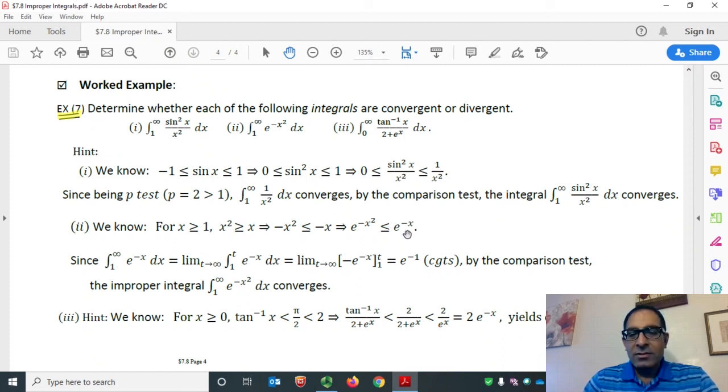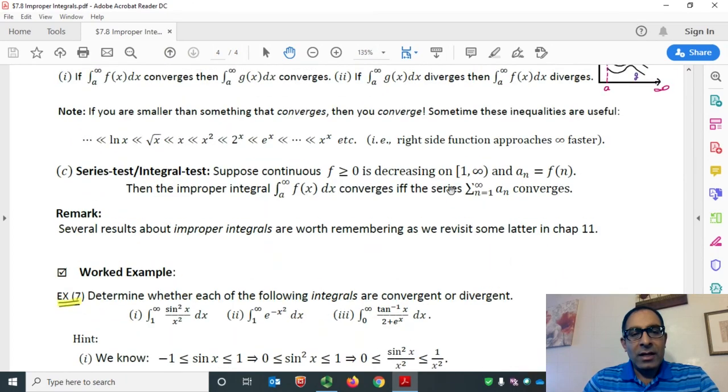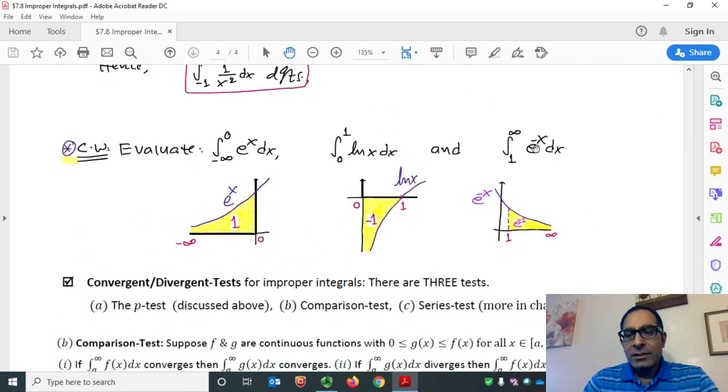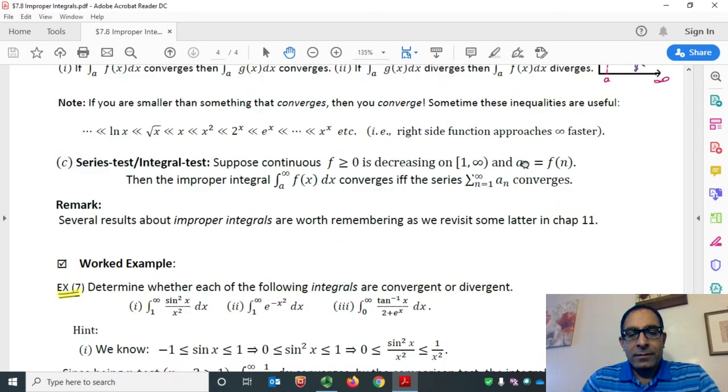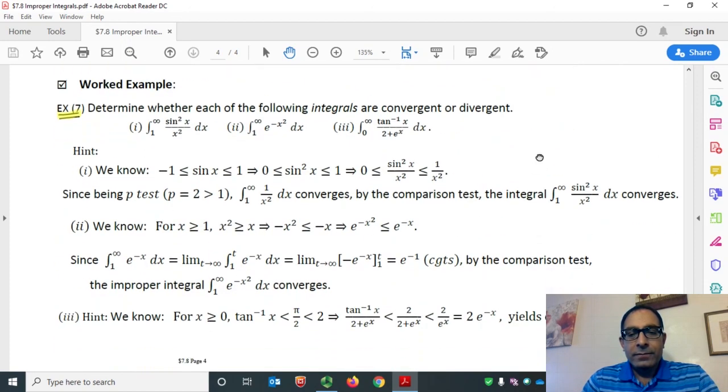Do you remember this? I gave you this as classwork. This area is 1 over e, which is a finite number. So then this converges. So this integral is just 1 over e.